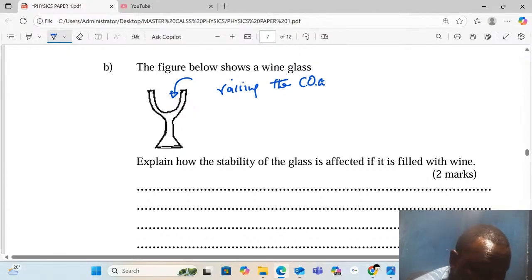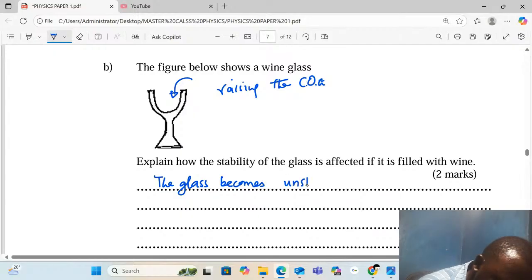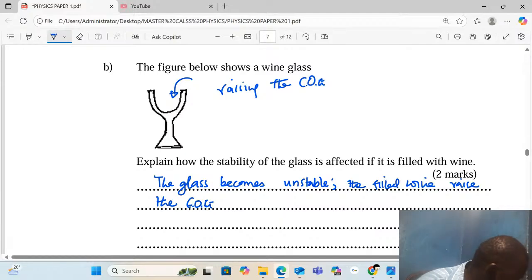We expect to lower the stability. So the stability of this wine glass decreases. You can say the glass becomes unstable. Why? The filled wine raises the COG.